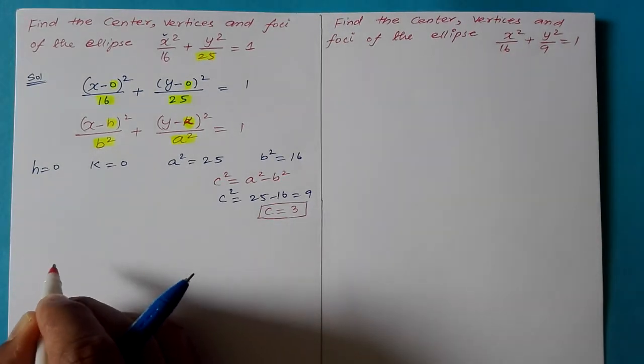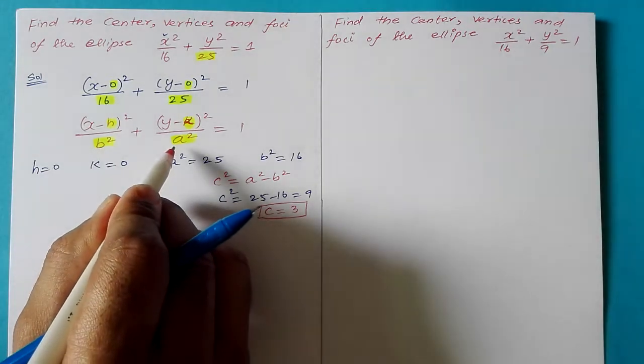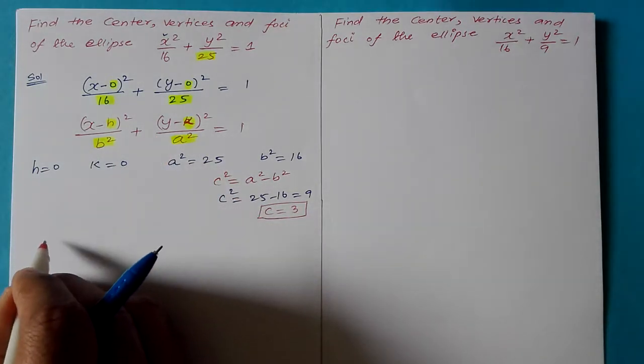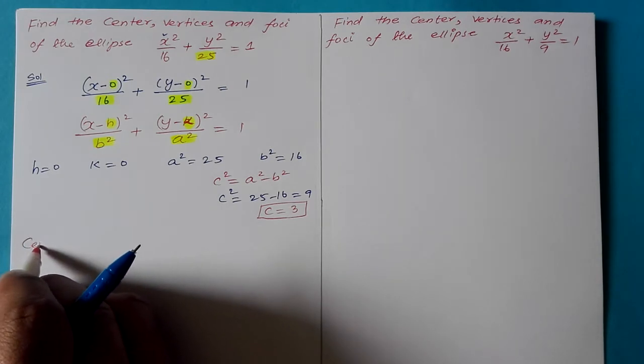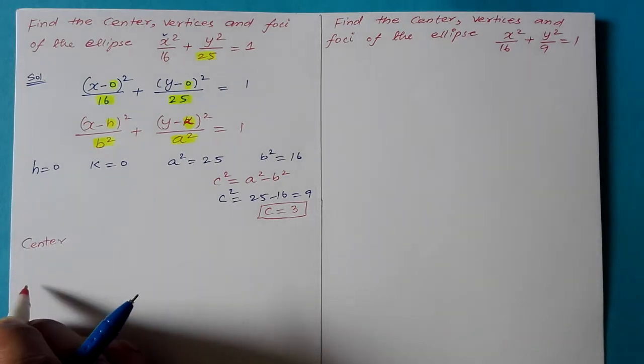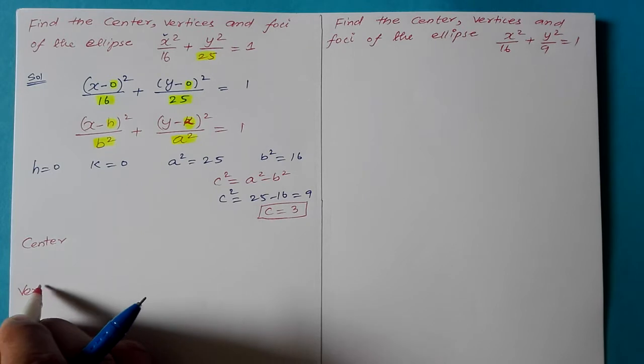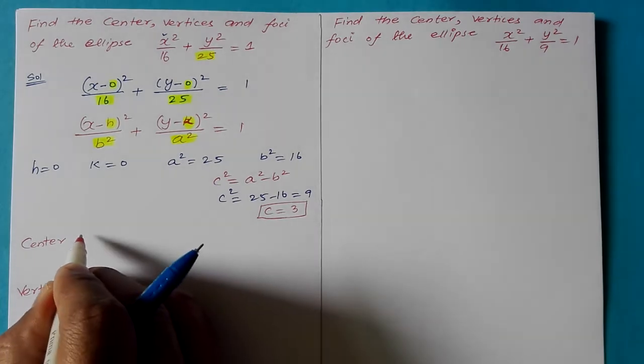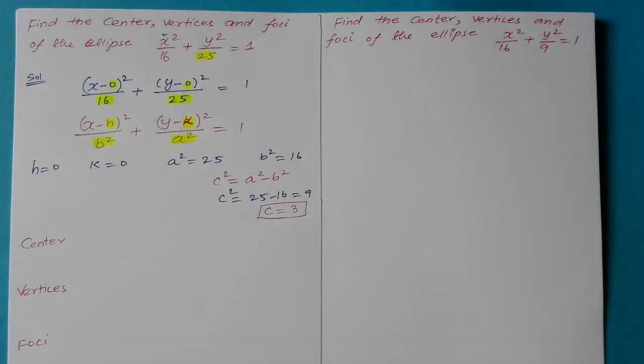Now what is the rule? The bigger number is present below y, therefore change in y. So I have to write the center, vertices and foci. What is the center? It is h comma k.